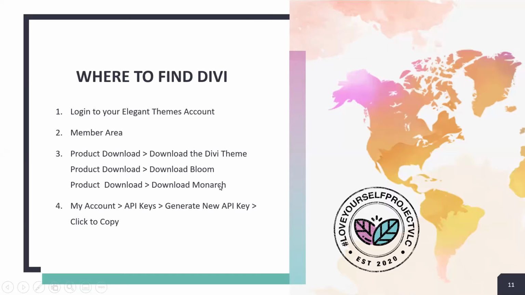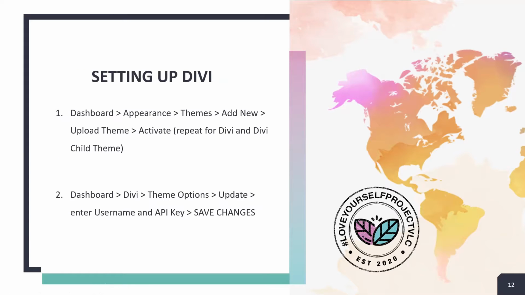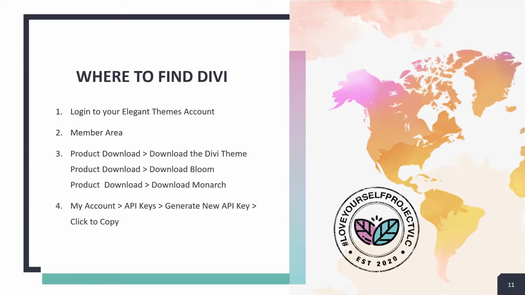And Monarch is one specifically for social share. And then we'll learn how to copy your API key, which is your password. And then we'll head on over to setting up Divi. So let me just break for just 1 second, and I will head on over and share another screen.